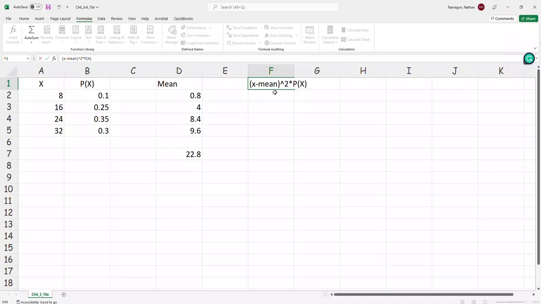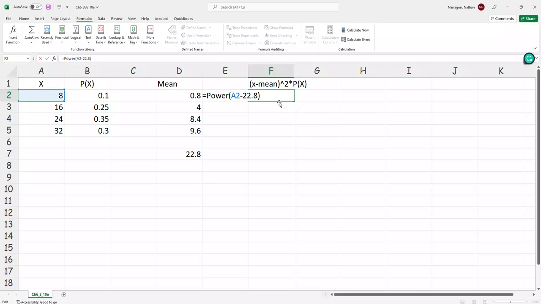So right here, we've got to input this formula into Excel. How do we do this? Well, any time we have anything dealing with powers, exponents, remember, the formula is equals POWER, and then in parentheses we put what our base is. Now our base is x minus the mean, so I'm going to highlight x and say minus 22.8.